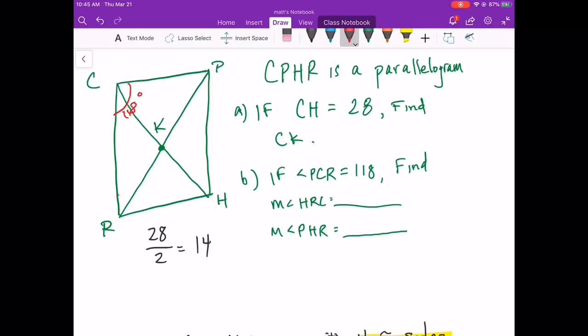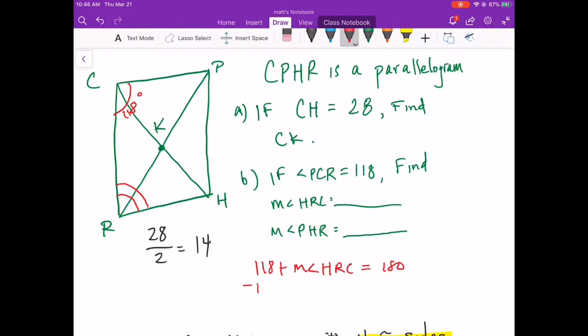HRC is this angle right there. Notice they're not going to be congruent. They are consecutive angles, and in a parallelogram, consecutive angles are supplementary. So these two angles should add up to 180. So 118 plus whatever the measure of angle HRC is should equal 180 degrees.